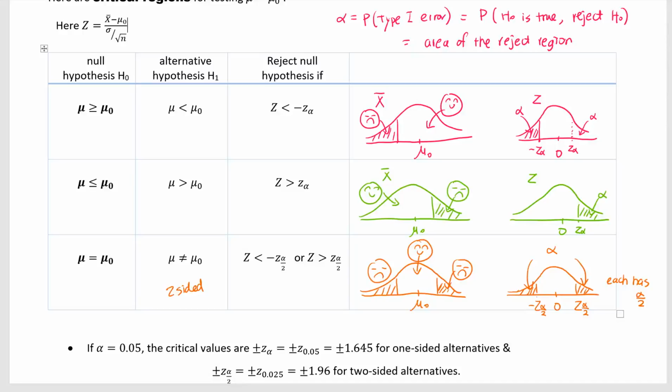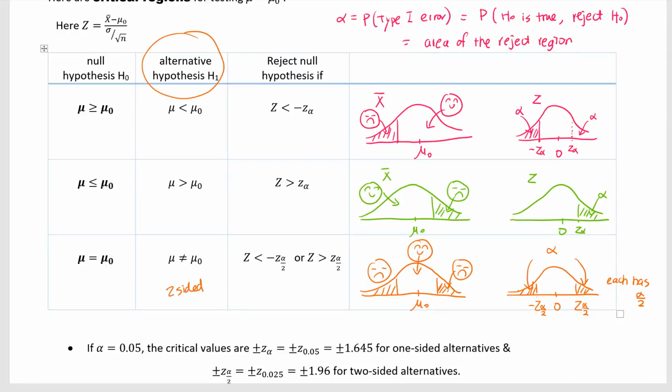So those are the three different cases. It really depends on the alternative hypothesis. It does not depend on these signs, because the manufacturer's claim can just tell you the drying time is 20. Then you cannot say, oh, it's 20, that is the third one, so we use two-sided.